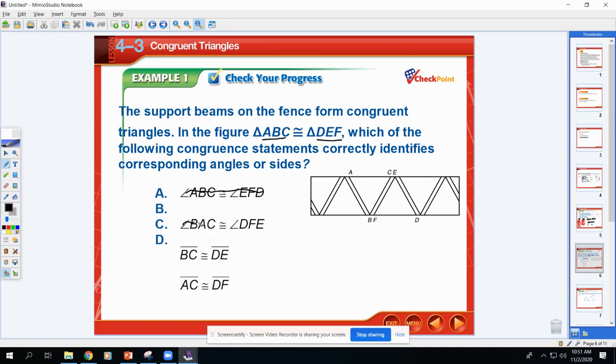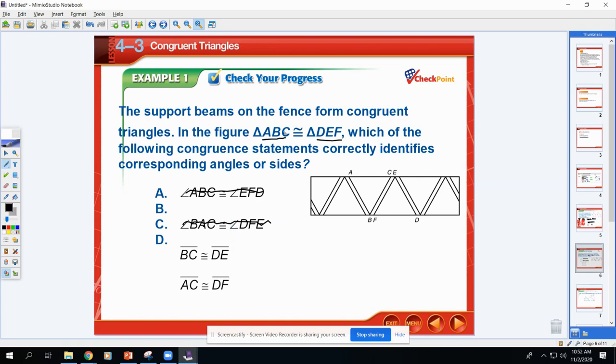We just need to show what it means to be corresponding. So BAC, well, if we did BAC, that would be the middle, the first, and the third. So we would need this to be the middle, the first, and the third. So this, if we had BAC, would have to be EDF, not DFE. So we know that those two are going to be incorrect.